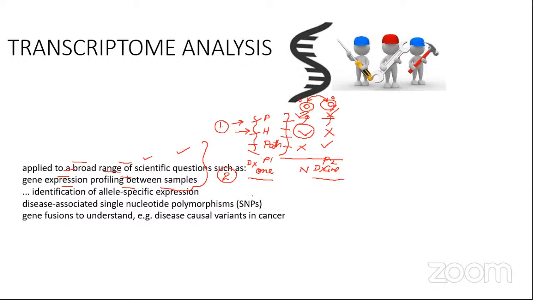Or we have a normal condition, disease 1, disease 2, disease 3, or treatment 1, treatment 2, treatment 3. We would like to understand the differences between all such conditions. Using transcriptome analysis, we can answer all these questions.